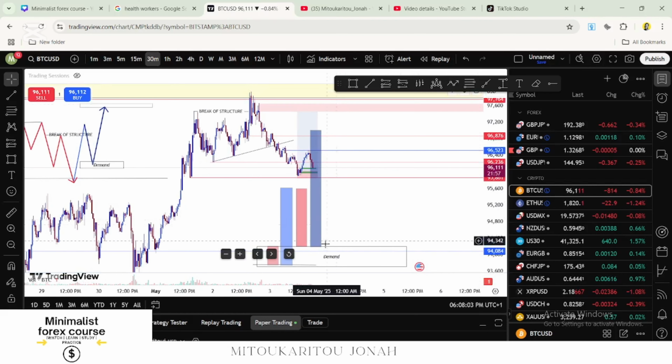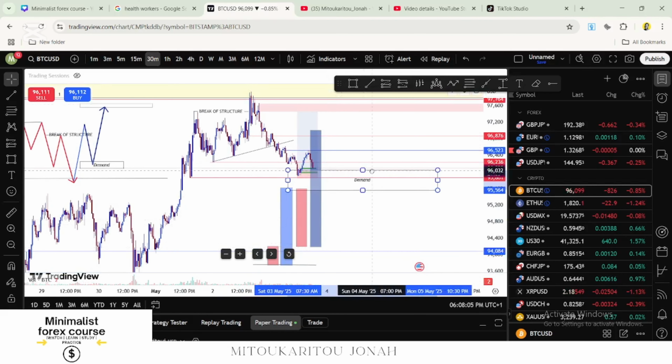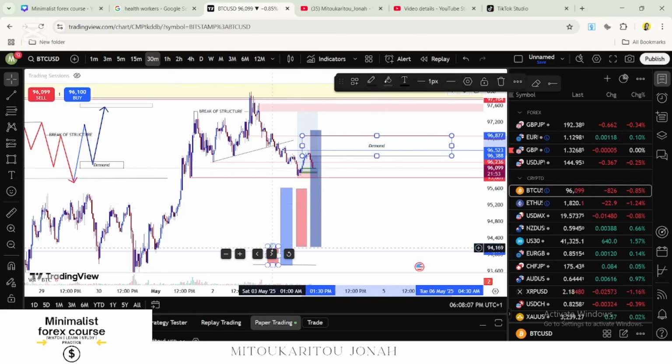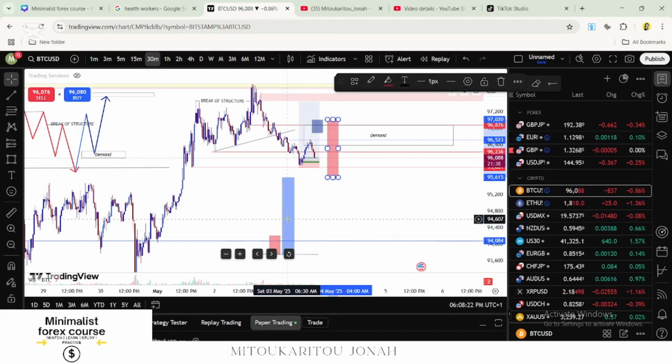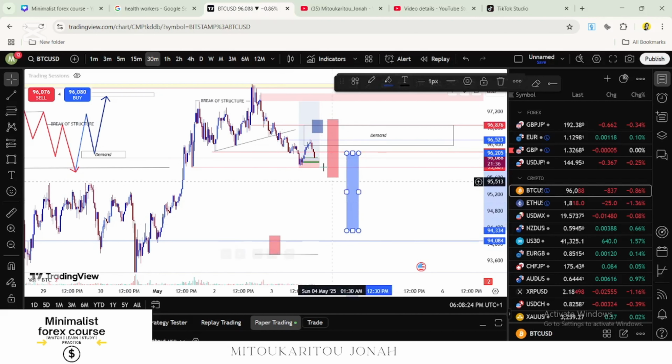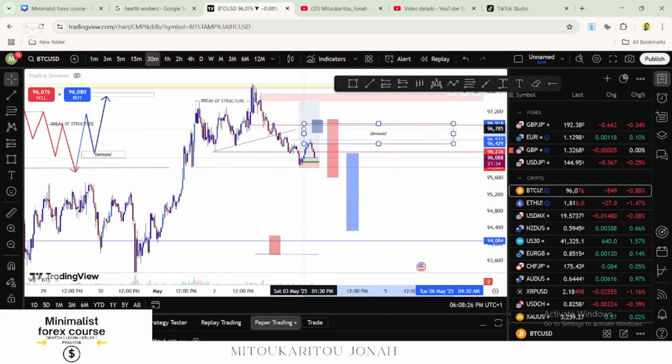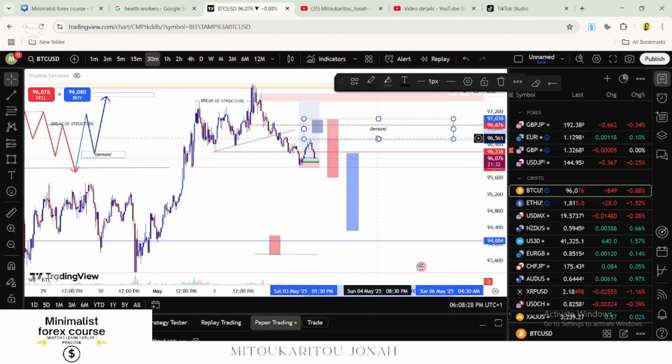Okay, so in the same vein, you have supply at the top here, where you have market conditions like this. I'm just going to reduce this and take this here. Boom. Price shoots away from this, and this becomes your supply zone.